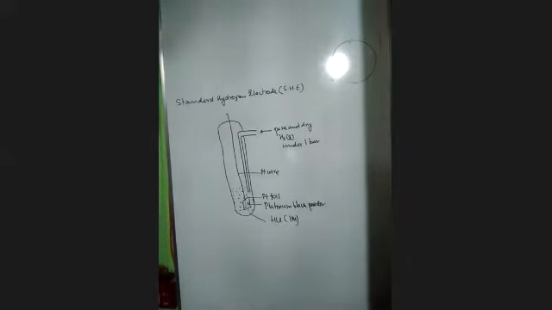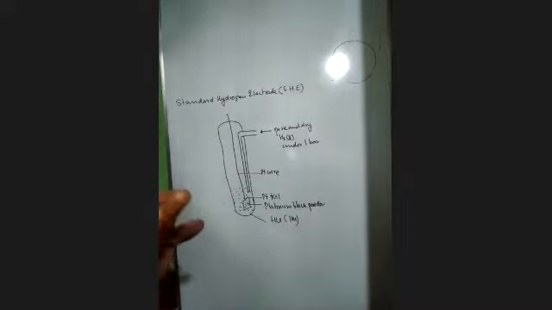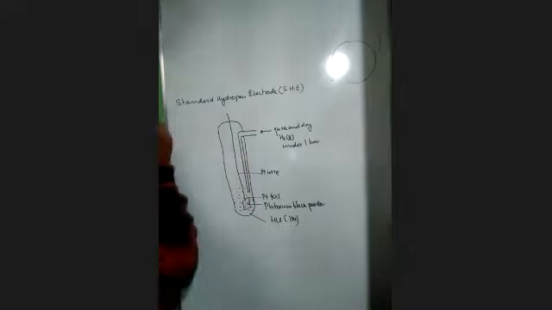Now, before I write something, I forgot to tell you one thing: how do you express an electrochemical cell? I am very, very sorry. See, every time it is not possible for us to draw the electrochemical cell.